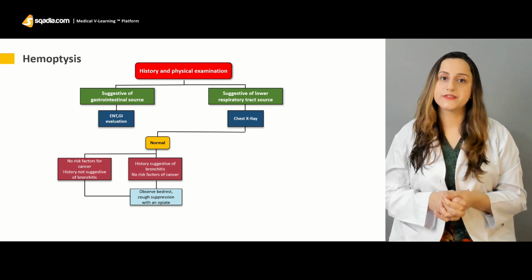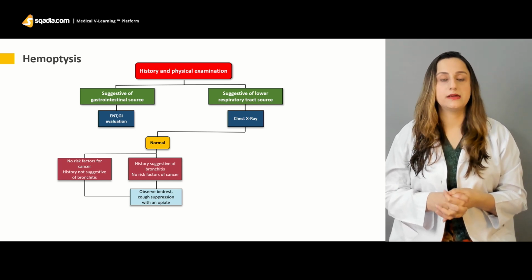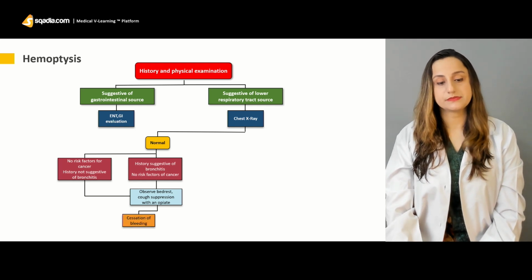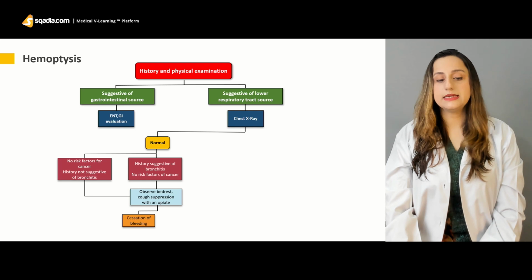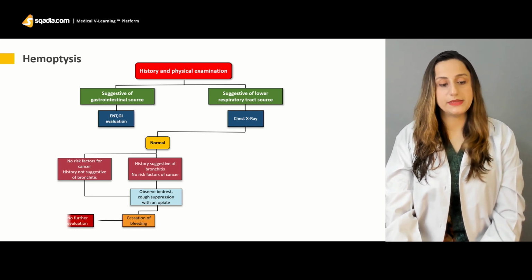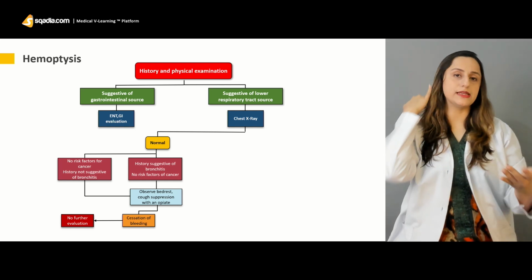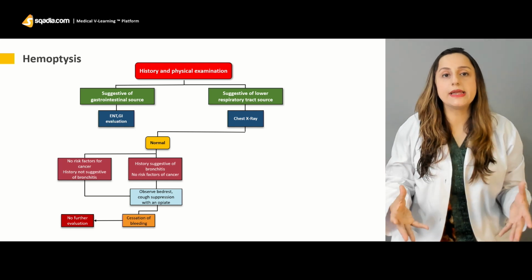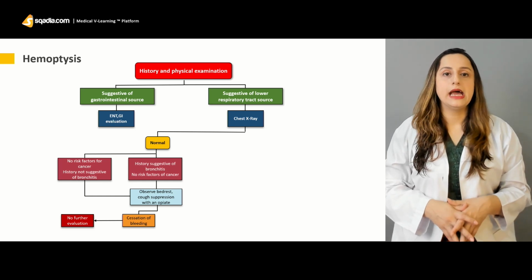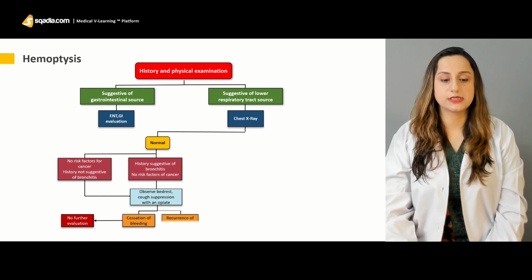You plan for cough suppression with an appropriate opiate that you can prescribe to the patient. The bleeding sometimes ceases, and you can have no further evaluation in these cases if you have ruled out neoplasms, if you have ruled out all the serious causes. You can just discharge the patient as well.